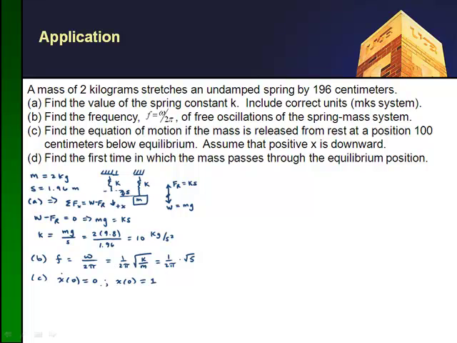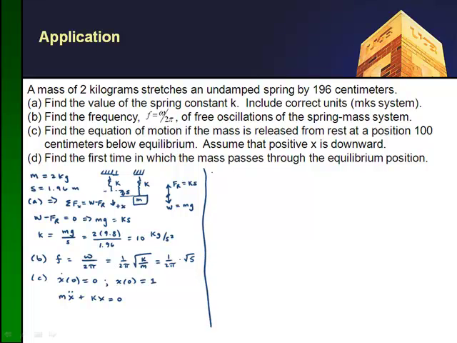All right, so let's go ahead and see if we can write down the equation of motion. I'll write this as mx double dot plus kx is equal to 0, since we have a 0 forcing function. All right, and then I'll subject this differential equation, or governing equation, to these two initial values.